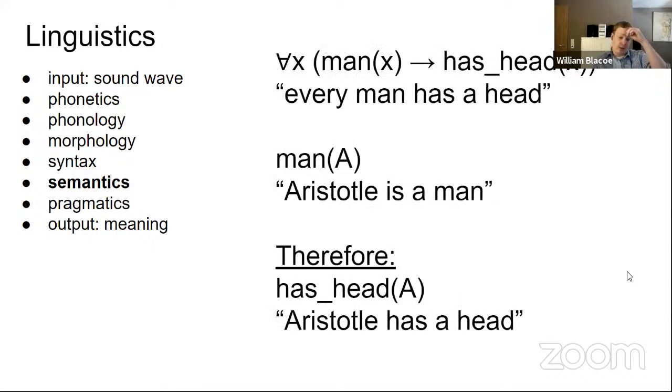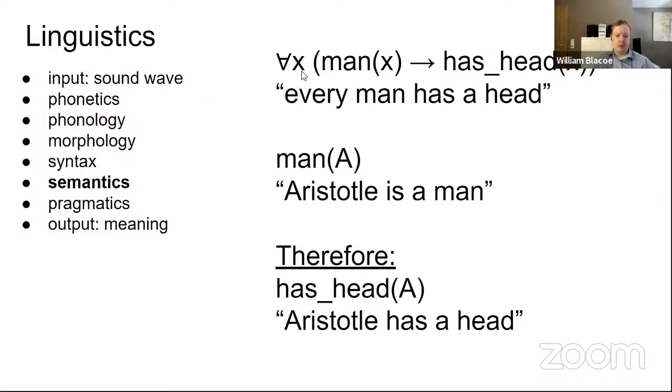If you have a soliloquy like this, like Aristotle is known for, you can write it down with logical formulas. Every man has a head. Aristotle is a man, therefore Aristotle has a head, right? And the computer is able to take this formula expression of the natural English sentences, take these two premises together and reason that the consequence is that Aristotle has a head.